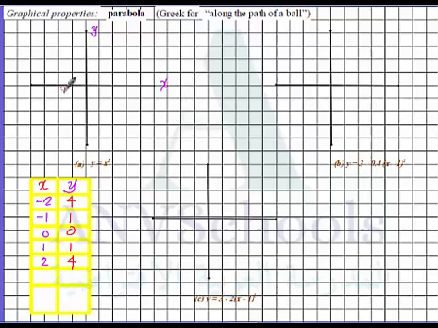Is +4 accommodated for y? Yes, it is, so we plot the point there. If x is -1, then y is 1. So it's here. And if x is 0, then y is also 0, making the origin part of your pair of points. And then 1, 1, and then we have 2, 4.